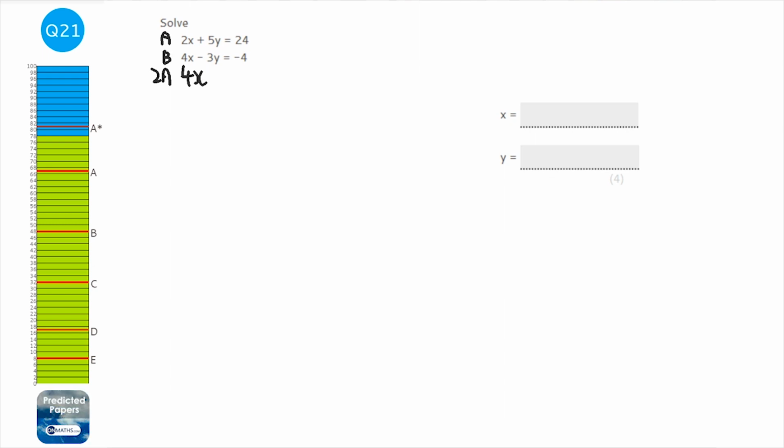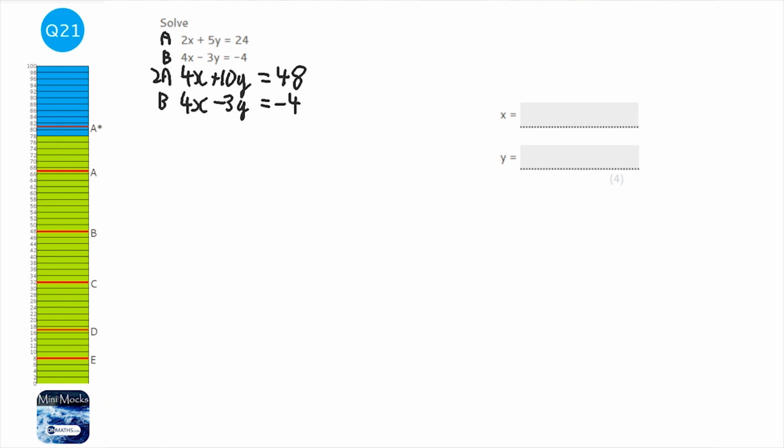So I'm going to double everything in equation a. So I'm going to double the y as well, and I'm going to double the 24 to make it 48. And I'm just going to rewrite b underneath. So 4x minus 3y equals minus 4.